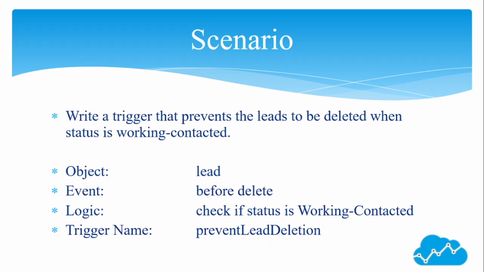In order to write the trigger, first we need to think about the object. Here the object would be the lead object, and then what will be the event? Whenever someone is attempting to delete that particular lead, we have to display the message. So it would be a before event, and the DML would be delete.